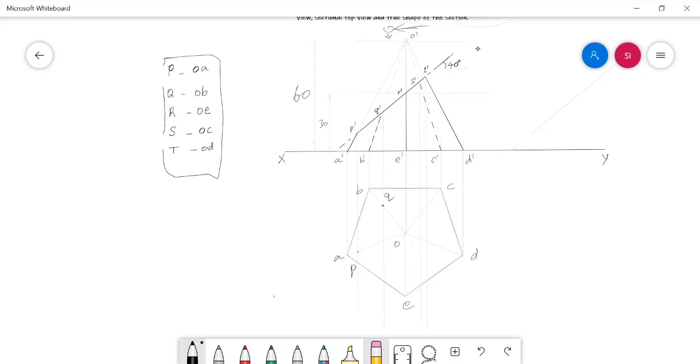This is Q. And R. When you project R dash towards the top view to mark R in the edge OE, this will never intersect the edge OE, because these two edges in both front view and top view are perpendicular to XY and they coincide with each other. So the projector from R dash never intersects OE in the top view.